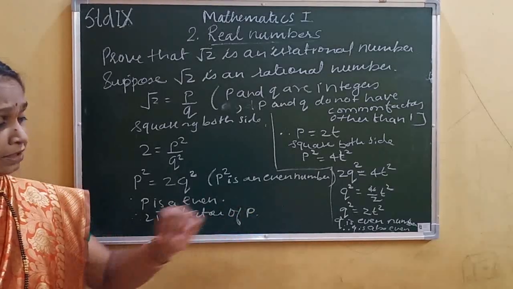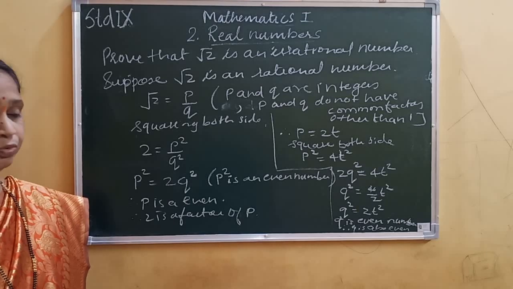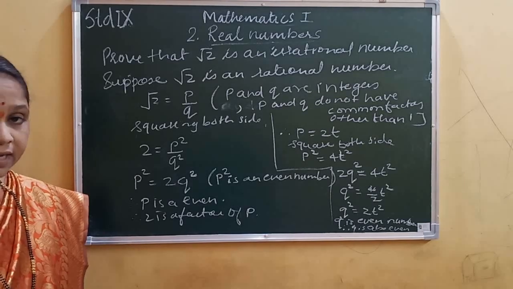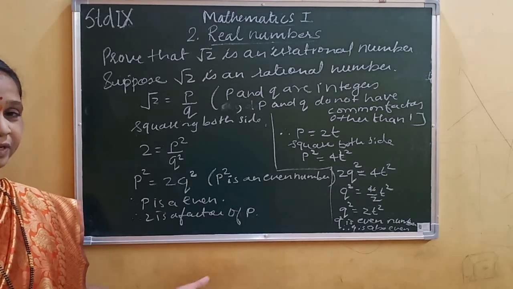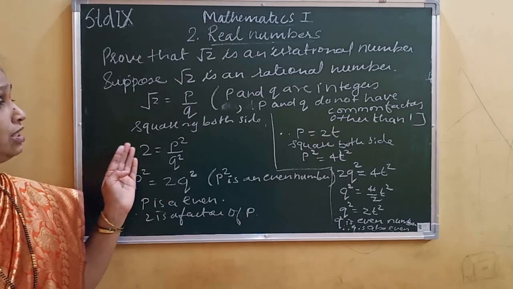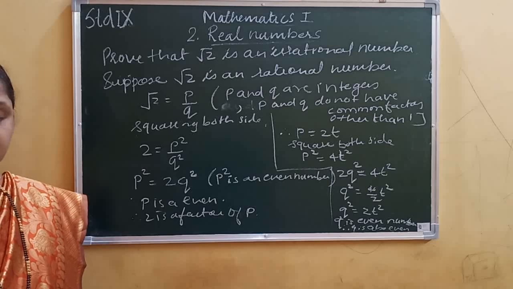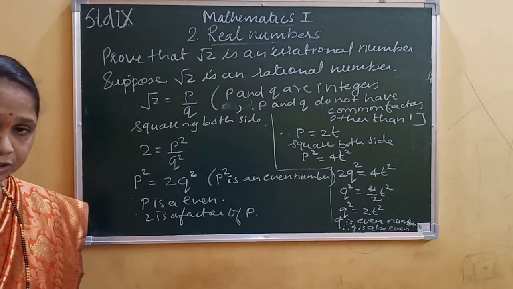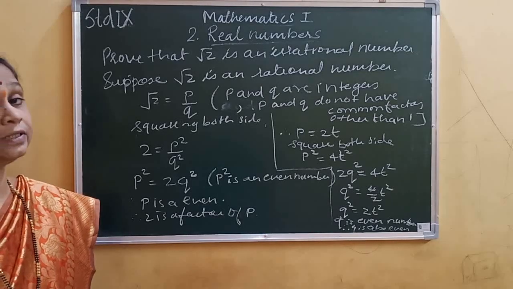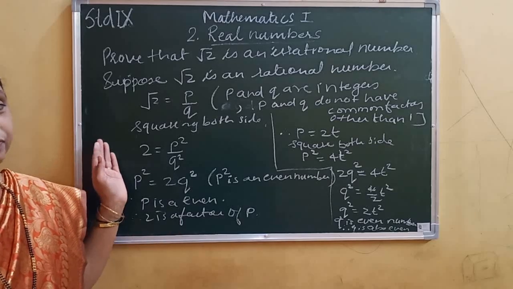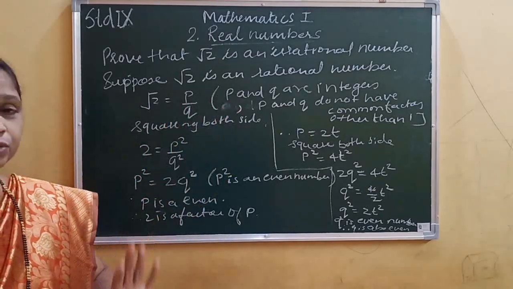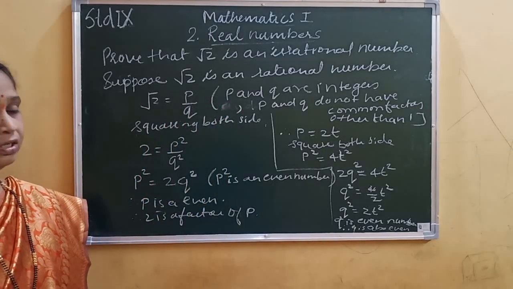But here we are getting a common factor of P and Q other than 1. 2 is a factor of P and Q. It means our assumption that root 2 is a rational number is wrong. So from this we conclude that root 2 is an irrational number.